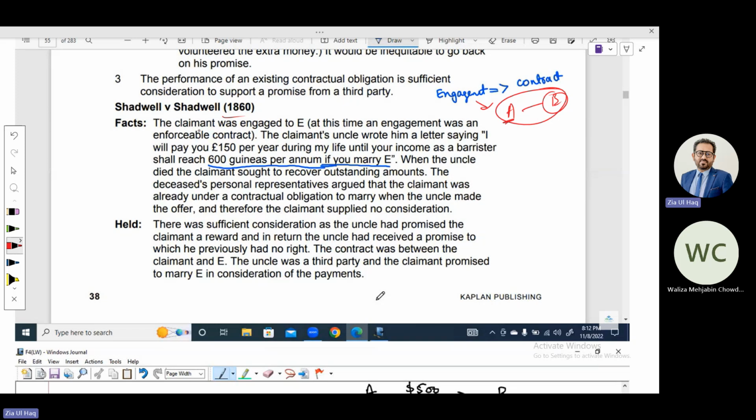So the claimant was engaged to E, claimant A. At this time, the engagement was an enforceable contract.